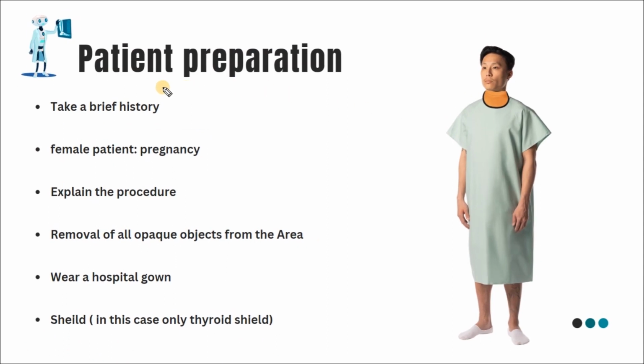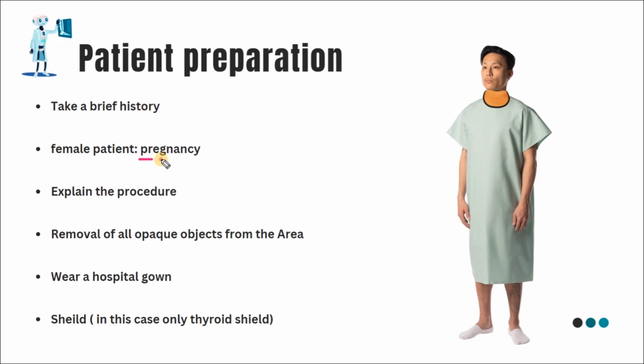And as always, I want to talk about patient preparation. First and foremost, take a brief history of your patient. Most radiographers will skip this step. However, it's important to know the patient's medical background and chief complaints. This will help you to implement the best technique and protocol, and consequently helps the physician to reach a proper diagnosis.